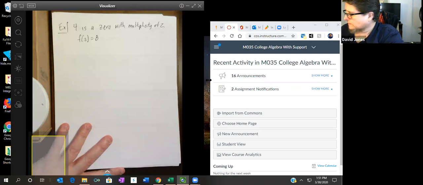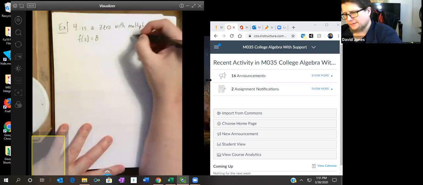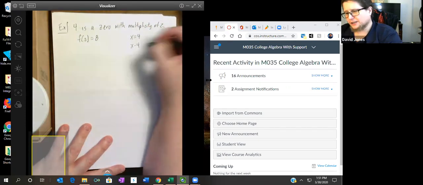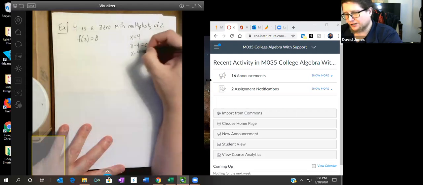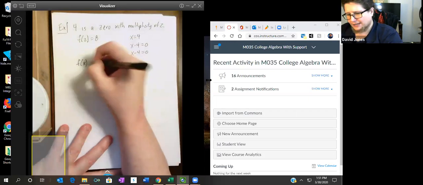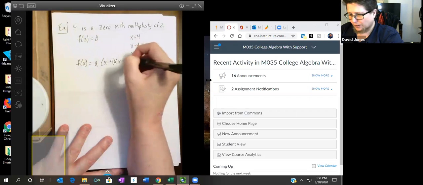Well, it being a 0 means x equals 4 is an answer, which means x minus 4 equals 0 is an answer. And it's called multiplicity of 2, so there's 2 of them. So we're going to have f of x equals a times x minus 4 times x minus 4.